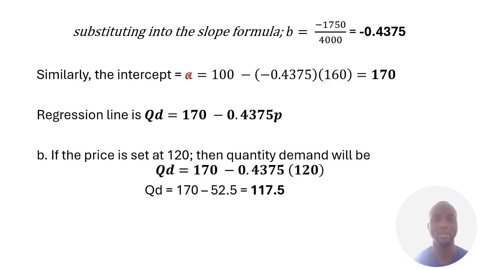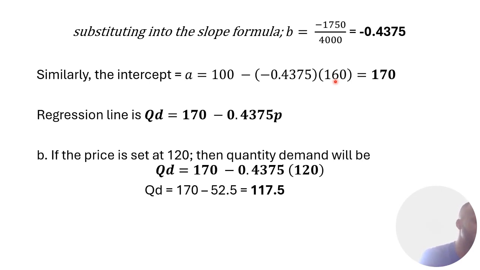Here they are, here for the quantity demanded and here for the price. The slope is the negative 0.4375, which is here. Don't forget it's a negative sign. Okay, and then the intercept is A minus that. So when you do this mathematically, before you do that, you have to follow the rule of BODMAS. So you multiply this by 160.